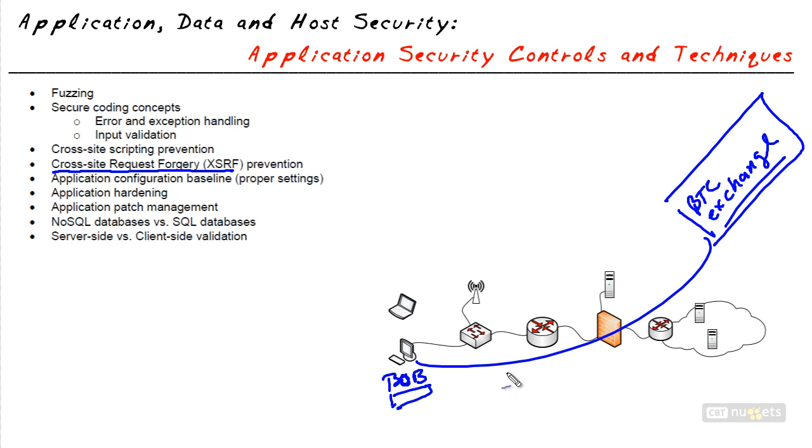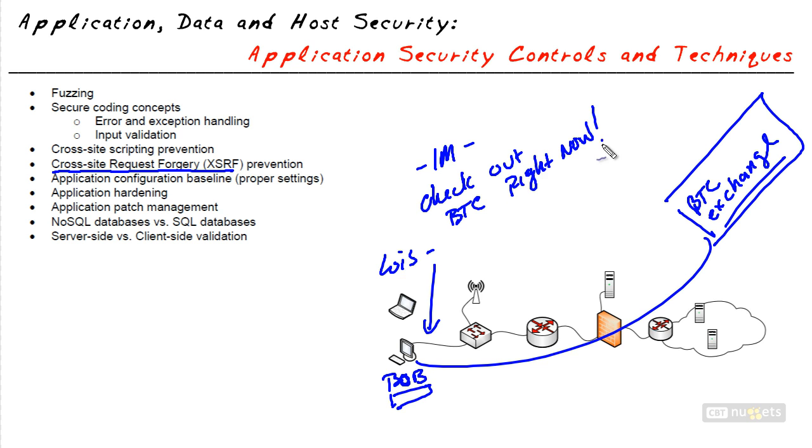So once Bob is connected and logged in, anything coming from Bob's machine, the BTC Exchange is going to accept as coming from Bob. Well, what happens if Lois sends an instant messenger message or an email, it doesn't really matter, and in that email she says something like, check out BTC right now, like something urgent is happening.